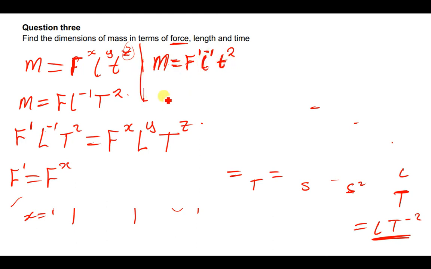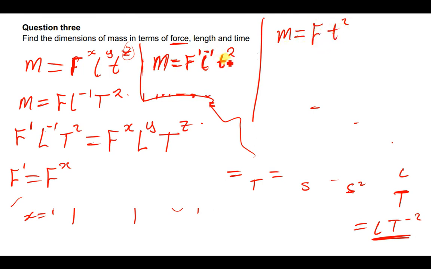So from there we can say m is equal to F times t squared, then this L to the power -1 can be written as over L. So this is the mass they wanted in terms of force, time and length.